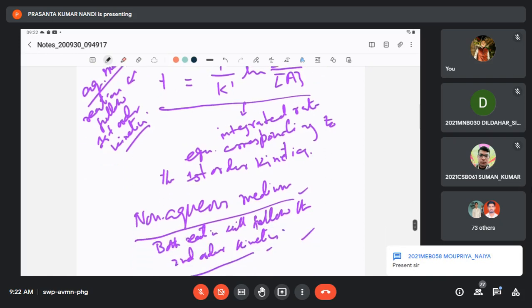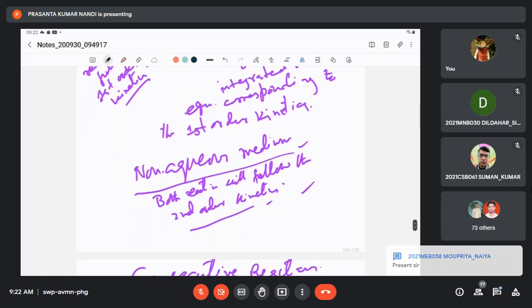But if you carry out the same reactions in a non-aqueous medium, then what would happen? Say acetic anhydride is the non-aqueous medium.